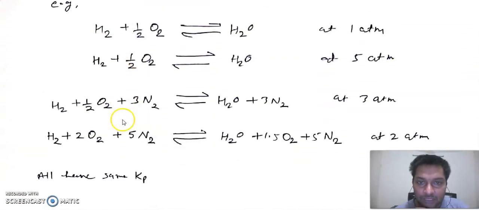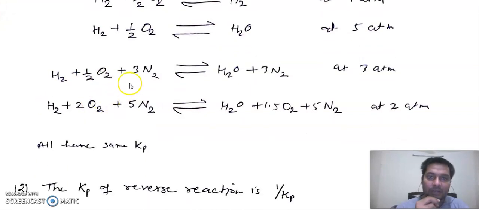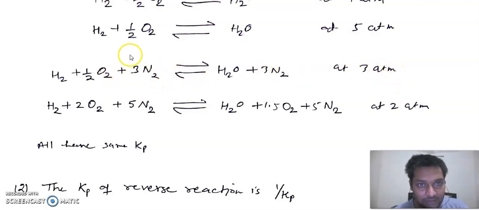For example, we have this equation: hydrogen and oxygen react to form water at 1 atmosphere. The same reaction occurs at 5 atmosphere. In both cases, the Kp value will be the same. In the second case, we have this reaction at 3 atmosphere, and some inert gas, nitrogen, is also present.